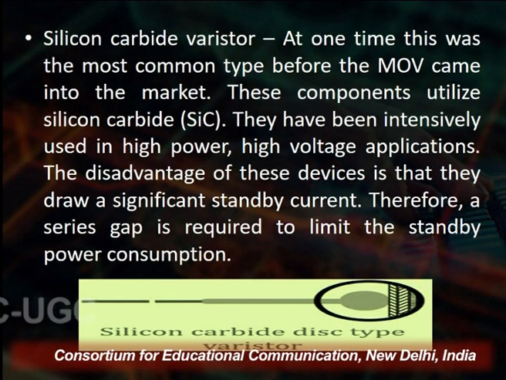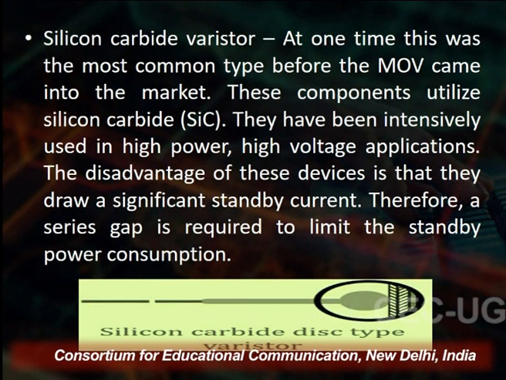varistor is the silicon carbide varistor. At one time this was the most common type of varistor, before the MOV came into the market. These components utilize silicon carbide, as the name suggests, represented by SiC, and are used intensively for high power, high voltage applications.